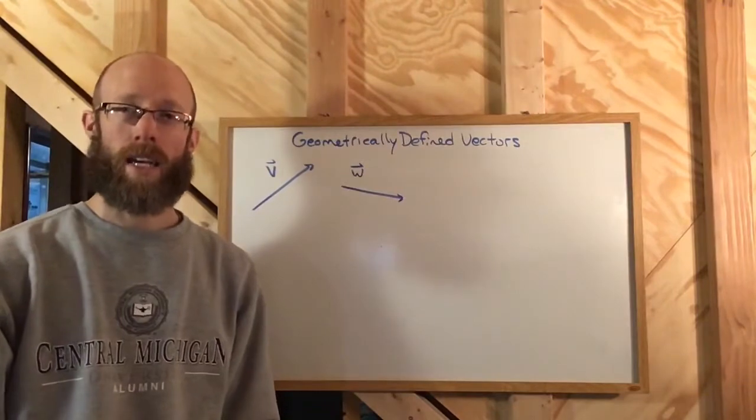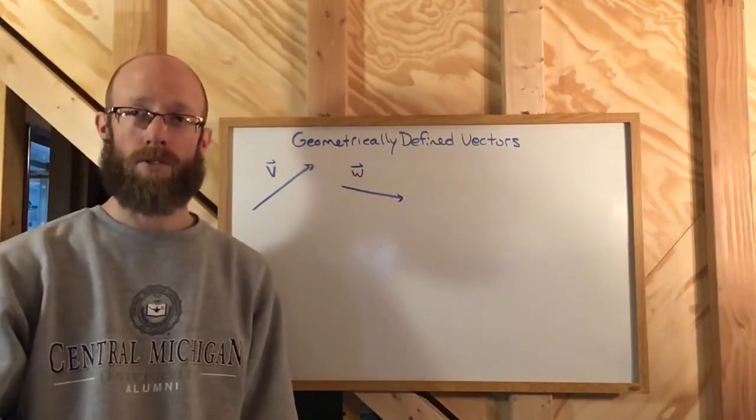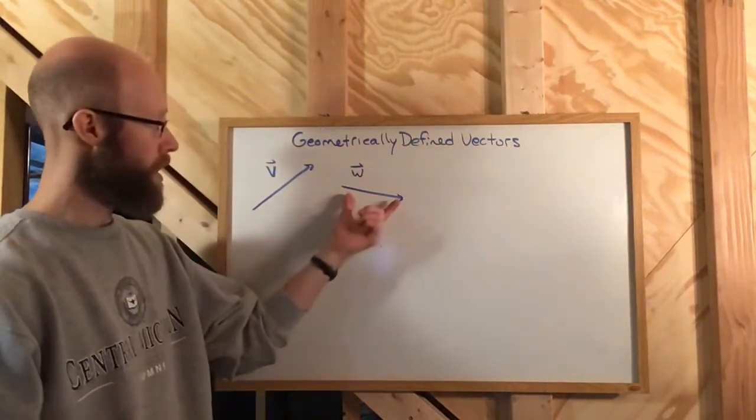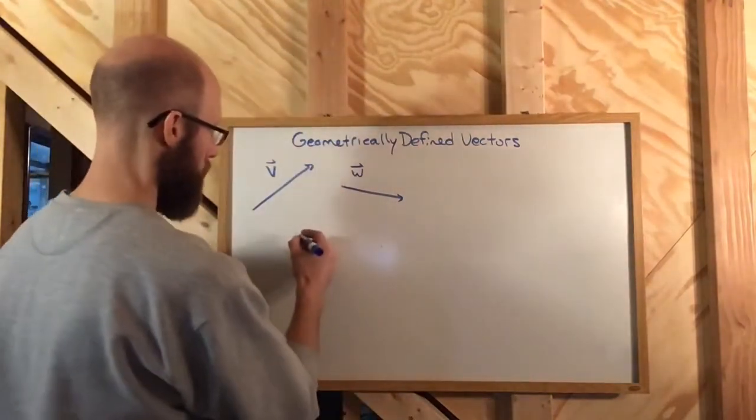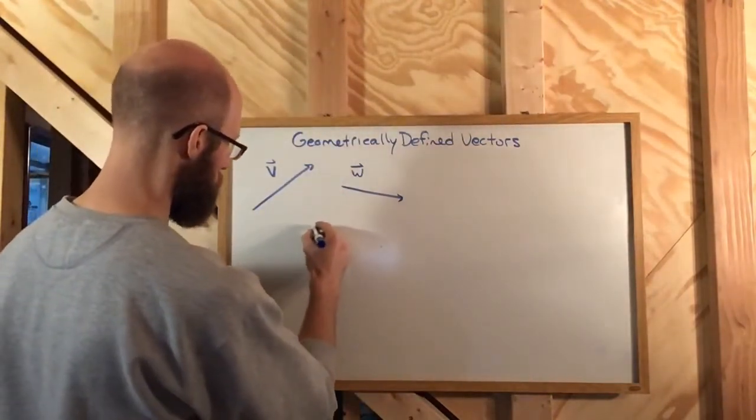Now, I can add those vectors together geometrically by just linking one of them to the end of the other, okay? And then finding the resulting vector.